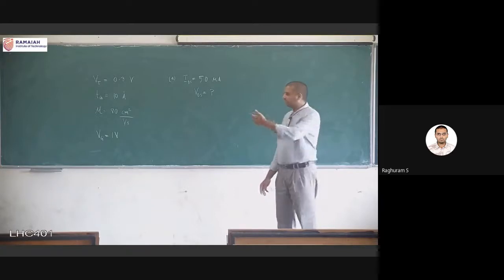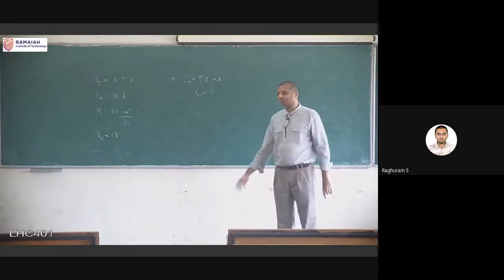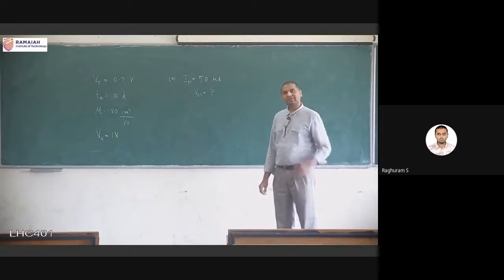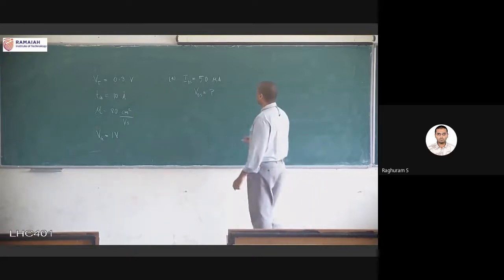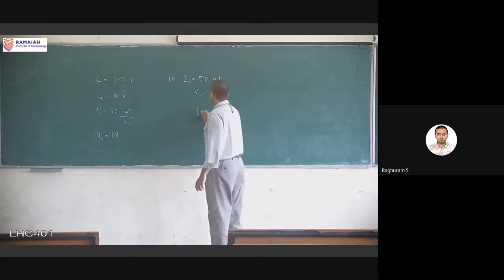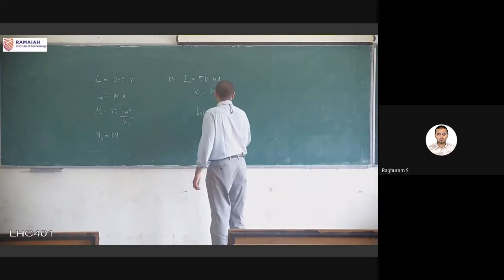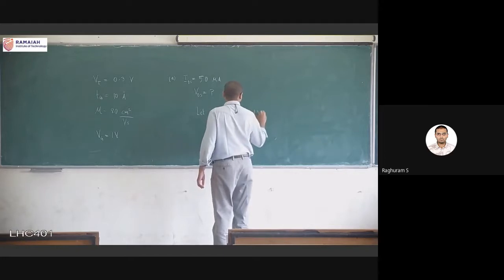You assume that it is also 1 volt because VG is 1 volt. Calculate and see what you are getting, and then maybe we can determine whether it is above or below this number. So let us do that. Let us assume VDS equal to 1 volt.